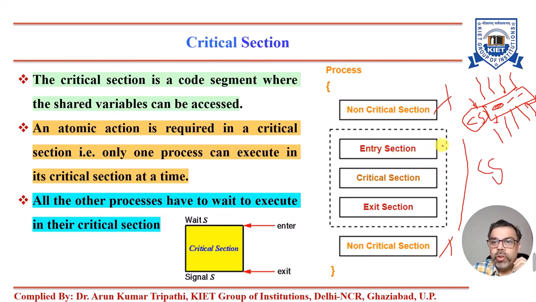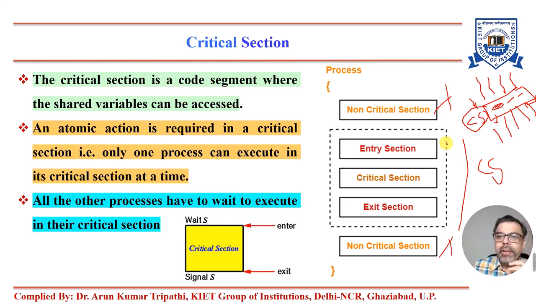So before entering, how do we ensure only one process can enter the critical section? There should be some entry section, so that according to that the variable can change its value, and when it comes back, it will again reallocate the same value.